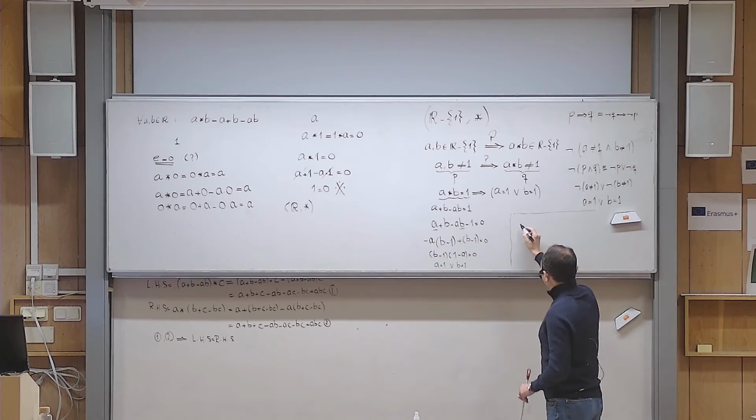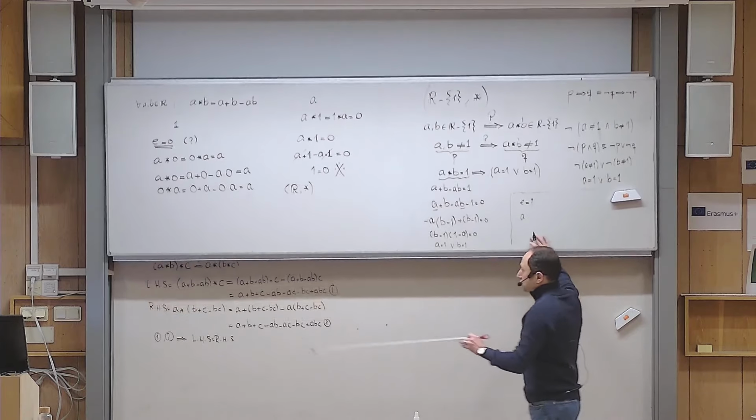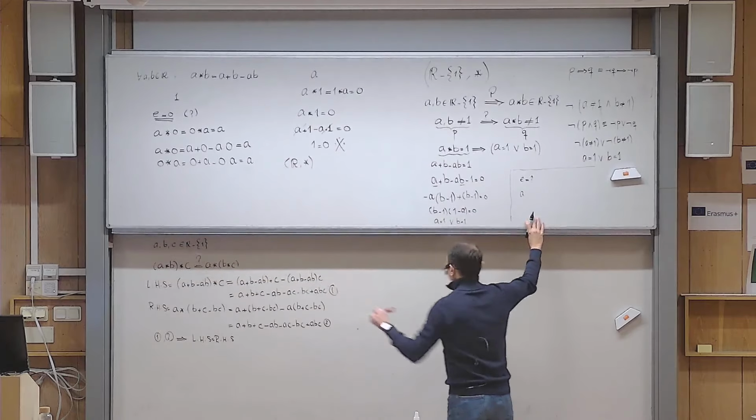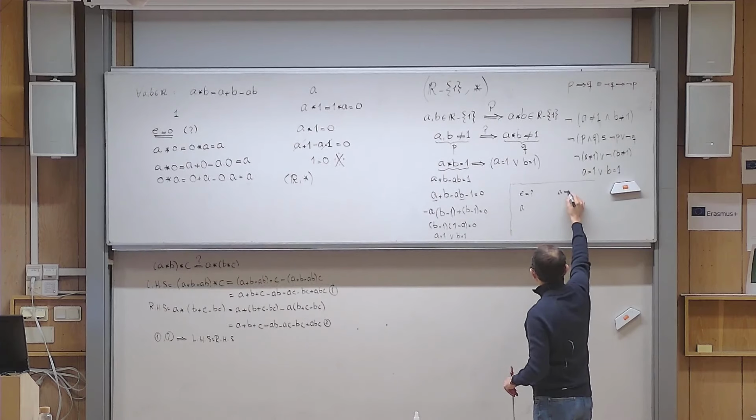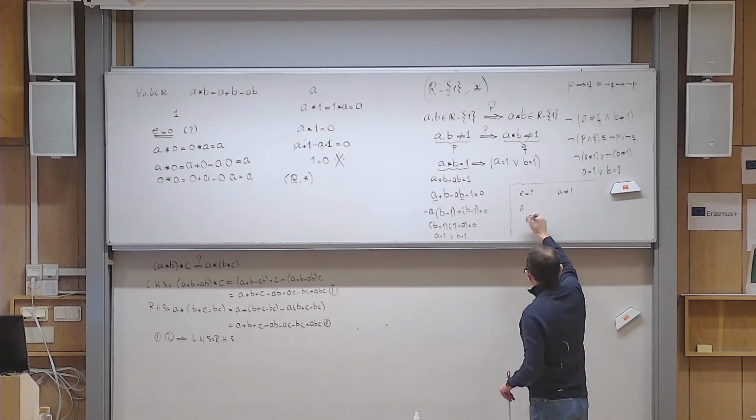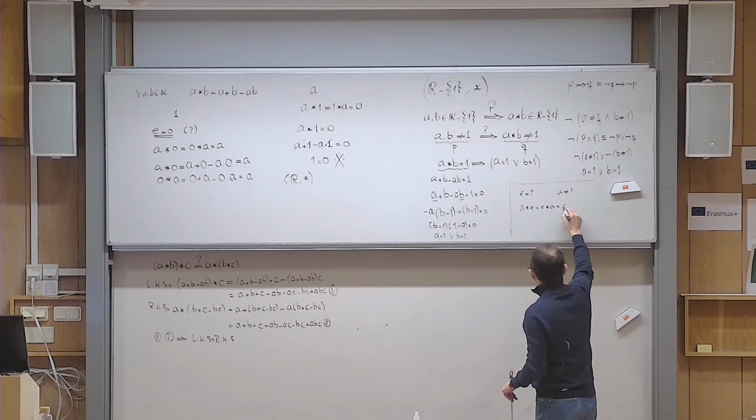But if you don't know how to guess, if the binary operation is hard enough, I would say that for every real number chosen from my set, so A is not equal to 1, so A is an arbitrary element in the real numbers except 1, A star E should be equal to A, and E star A should be equal to A itself.